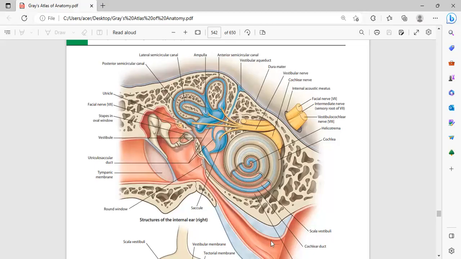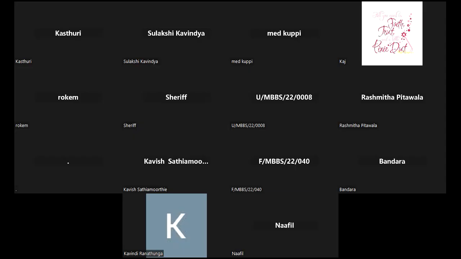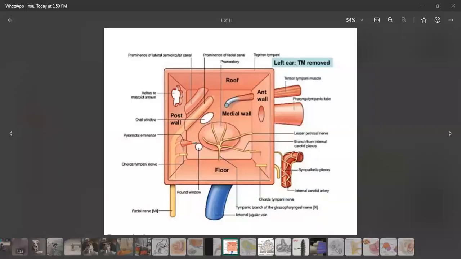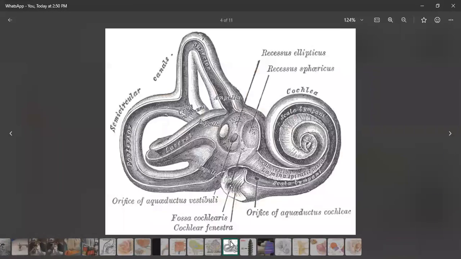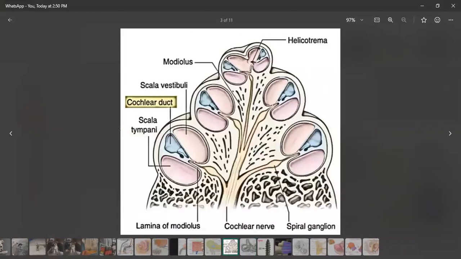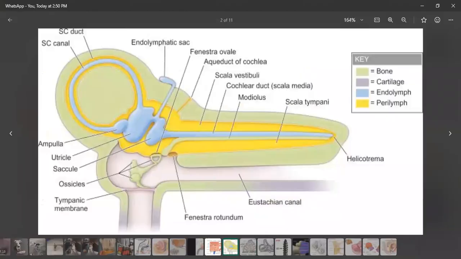Okay, so the cochlea is a bit complicated, so I'm using these diagrams to explain that.